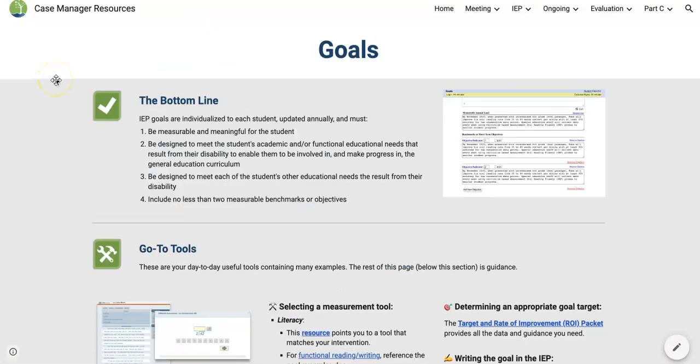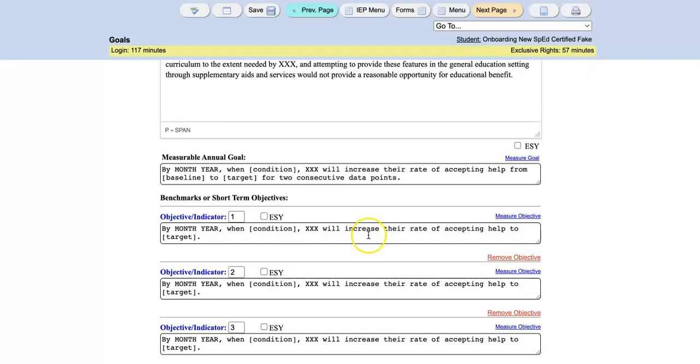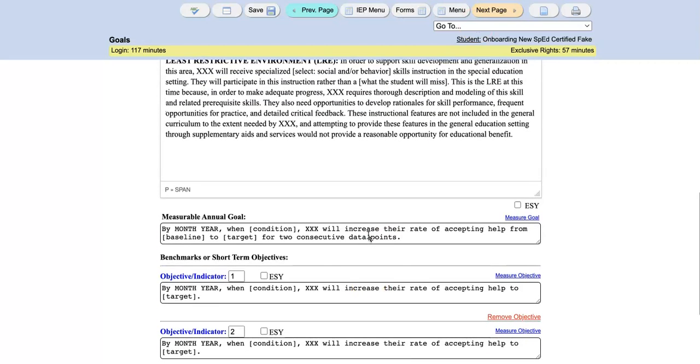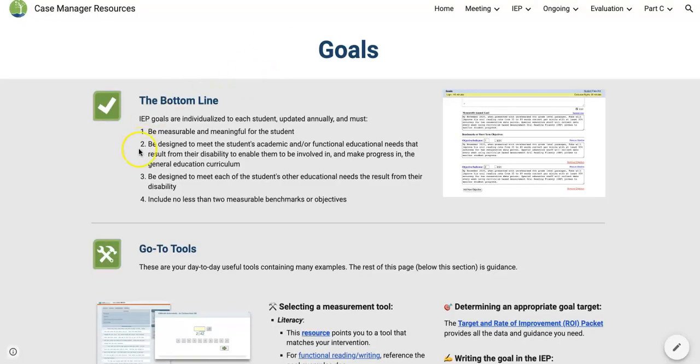All right, this last section of this tutorial is how to measure once you've put a goal into an IEP, if you want to do a self-check. And this isn't required. This is just if you want to know for certain that what you're writing and putting into your IEP is compliant, that it's going to meet all of these bottom line components.